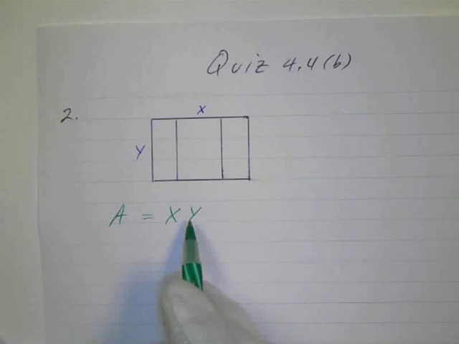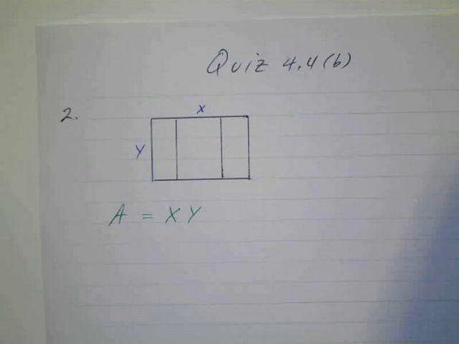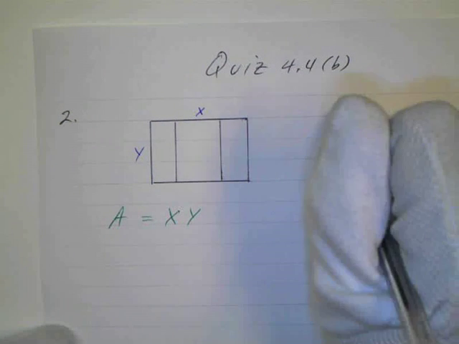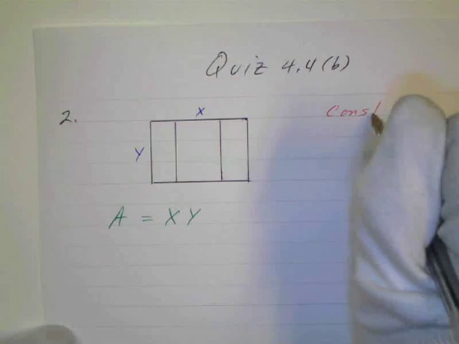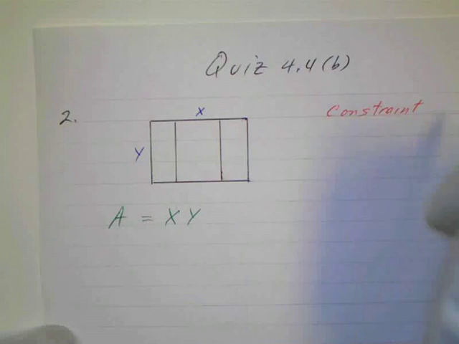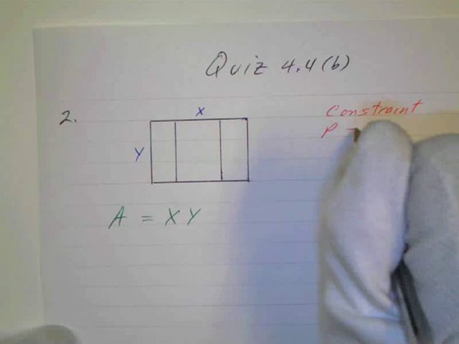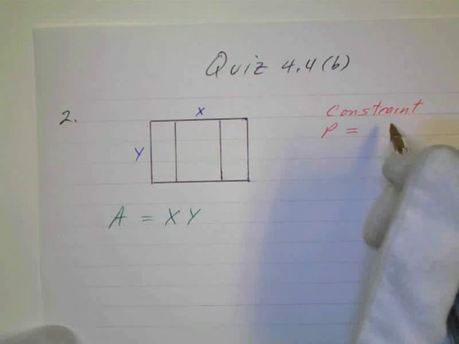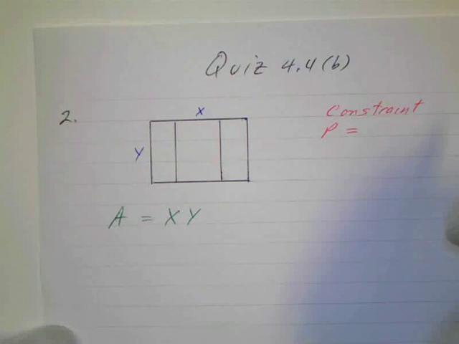Now, again, we have 2 unknowns, so we're going to use this constraint. That's the other information. So this is our constraint, and that is that the perimeter equals, well, it's not the perimeter, excuse me.